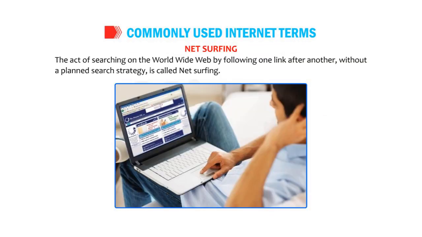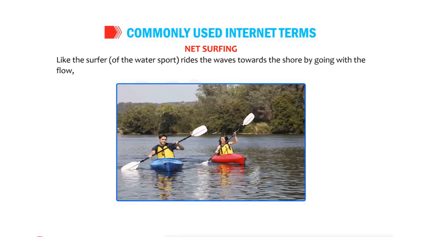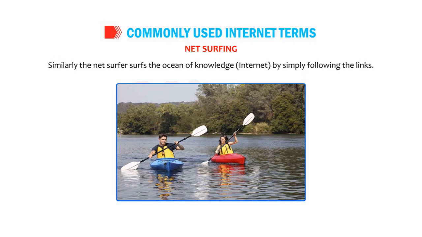Now, let's understand net surfing. The act of searching on the World Wide Web by following one link after another without a planned search strategy is called net surfing. Like the surfer rides the waves towards the shore by going with the flow, similarly, the net surfer surfs the ocean of knowledge, the internet, by simply following the links.